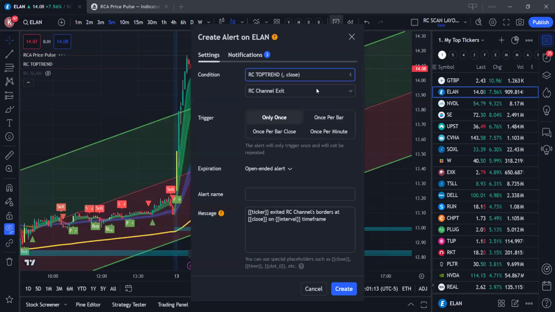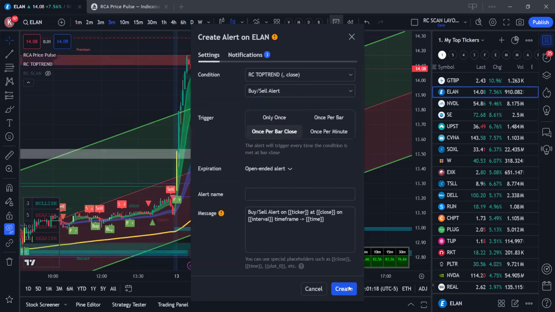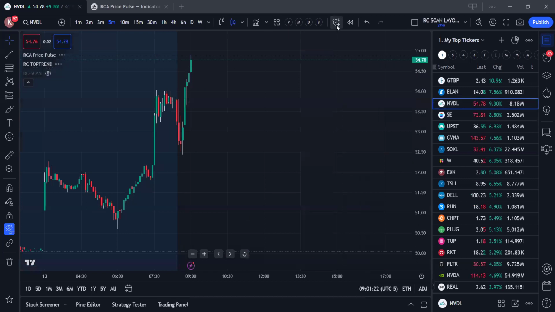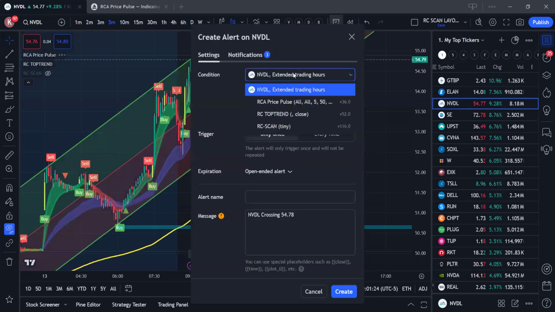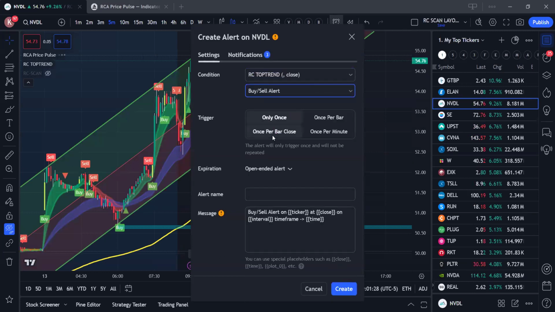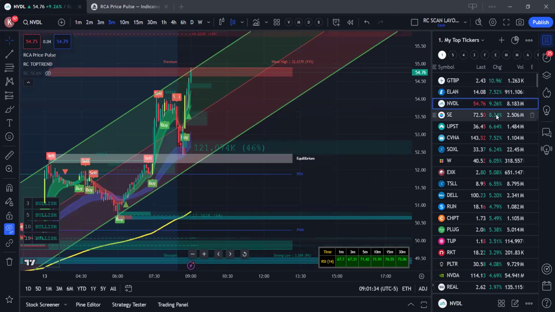On those stocks, you can set an alert for the buy and sell because there is a lot of momentum. So whenever we receive a buy signal or sell signal, we can go and check them. You can do this even before the market opens. You can look at which stocks are moving well and set the alerts.